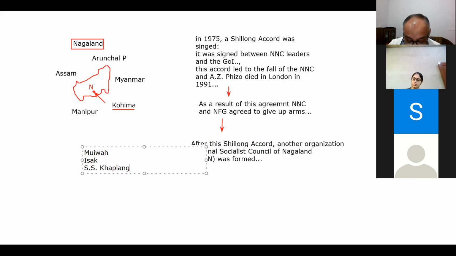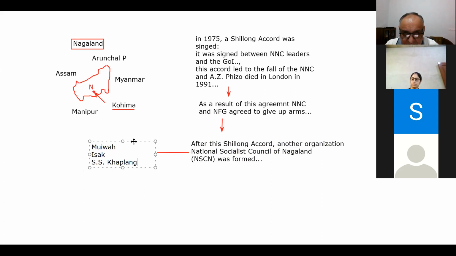So this organization was formed. Isaac J.C. Sidhu कहते हैं इसको, ICS, Isaac J.C. Sidhu. So these were the three leaders who formed at that time this NSCN, National Socialist Council of Nagaland.